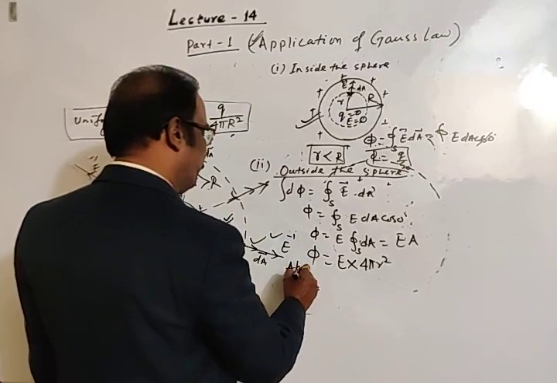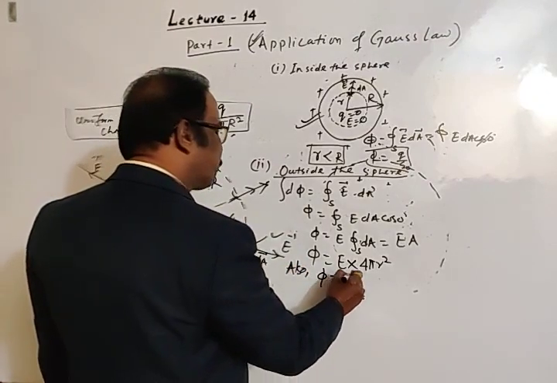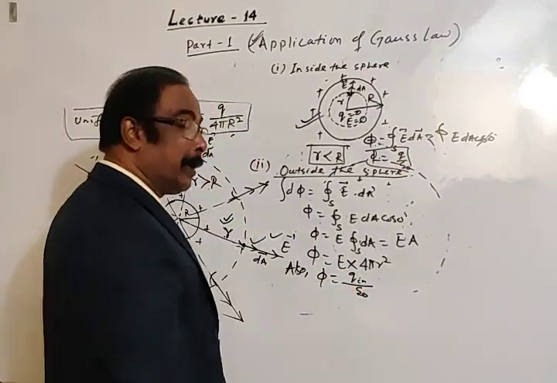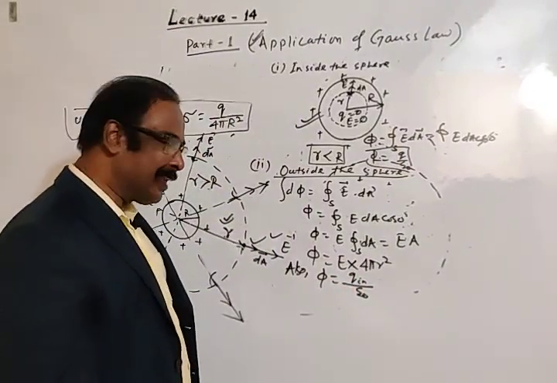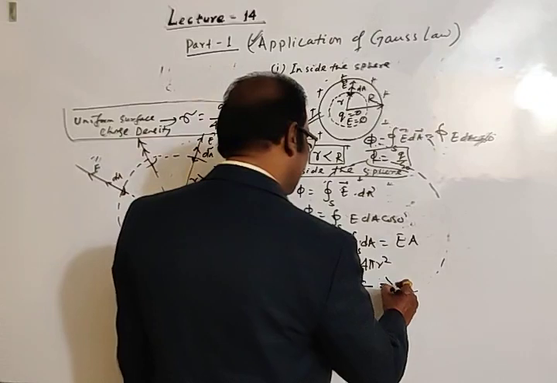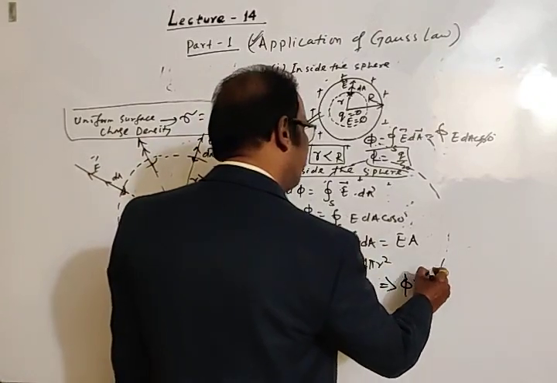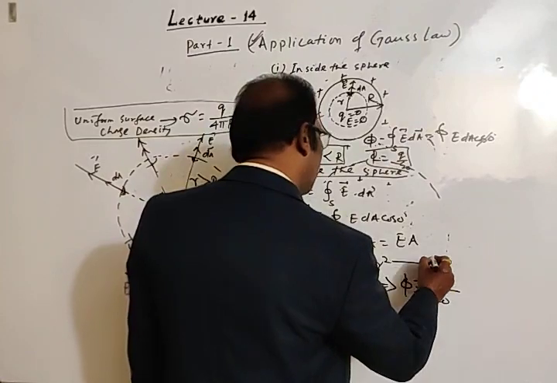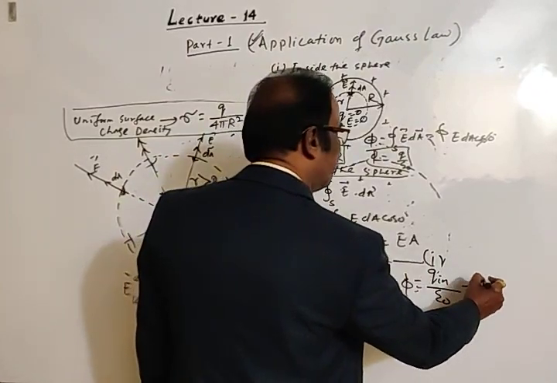Also, flux is given as 1 by epsilon naught times the charge inside the Gaussian surface. So flux is Q inside divided by epsilon naught. This is equation 1, this is equation 2.